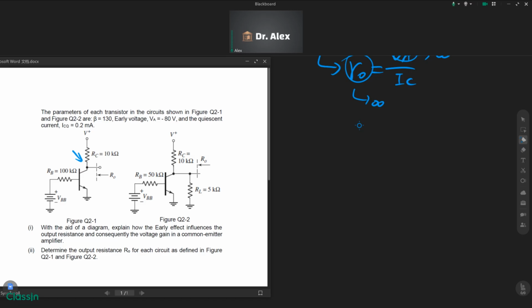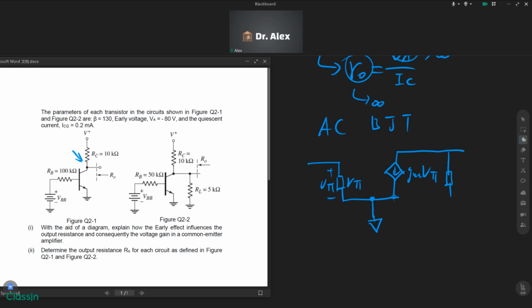The second diagram is the AC small signal equivalent circuit for the BJT. This is RO, this is RC, this is VO.